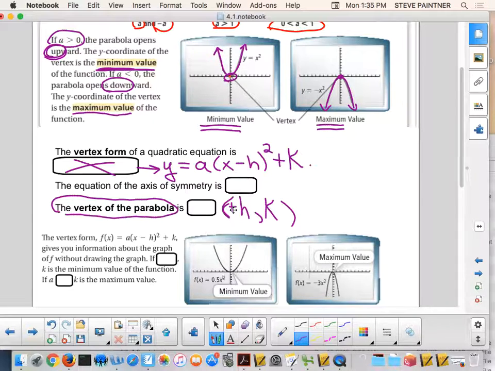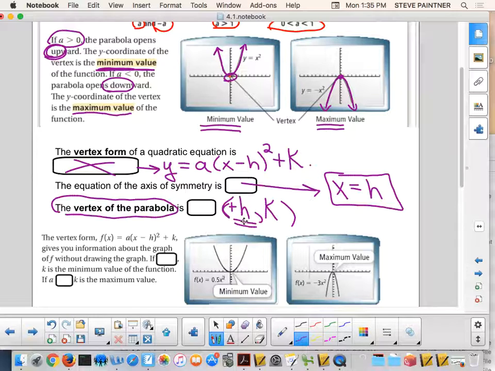The equation of the axis of symmetry will always be x equals, what's the number? h. It's always going to be x equals the x value of your vertex. If that's h, put h. If that's 3, put 3.